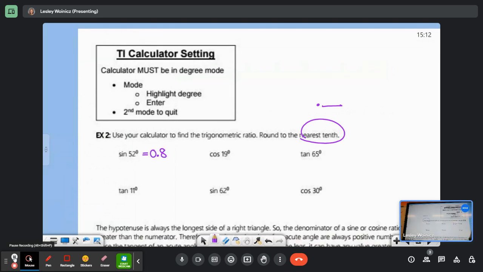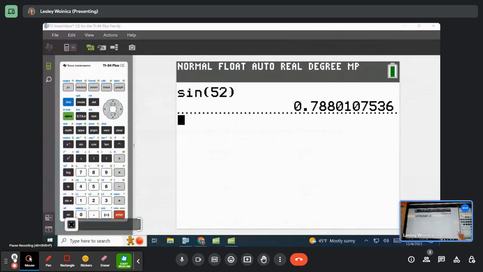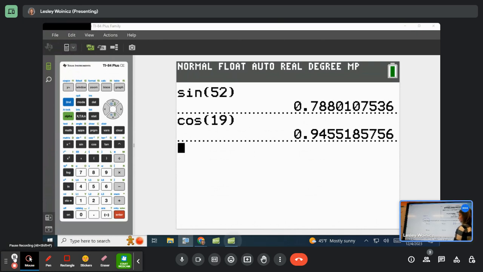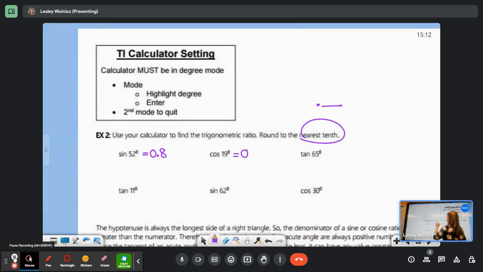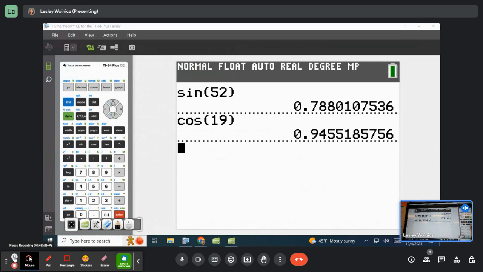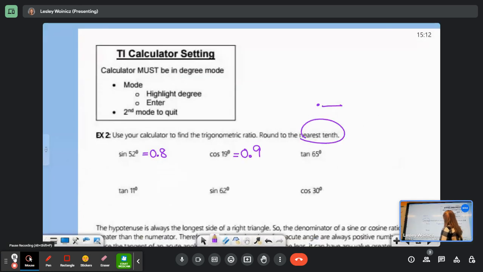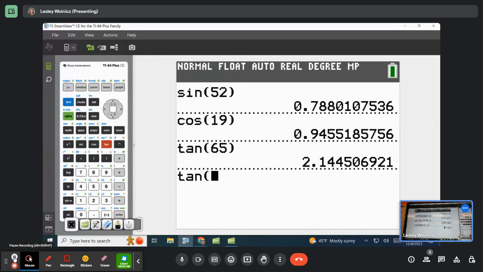Okay, cosine of 19. I'm getting 0.9. Okay, tangent of 65 degrees. Tan 65. 2.1 is correct. Okay, what about tangent of 11? 22.